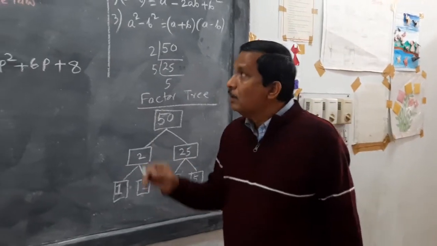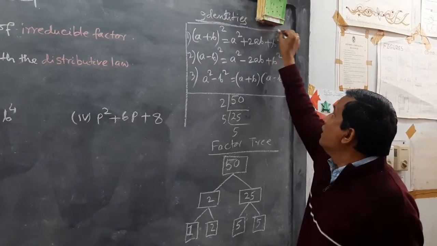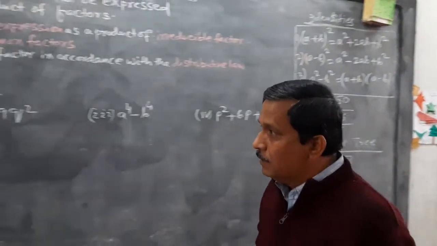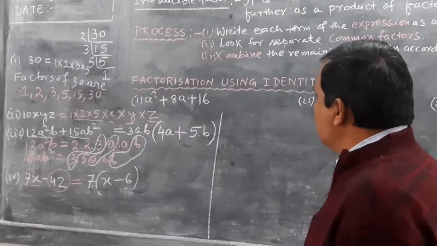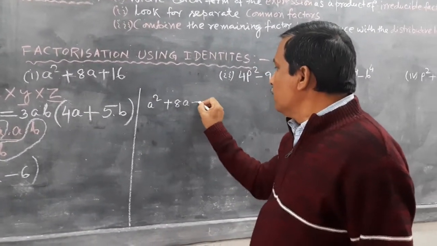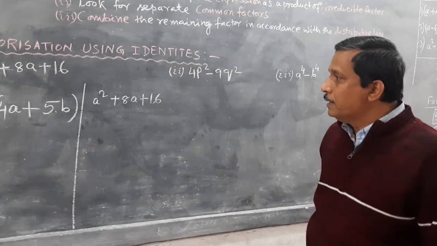Okay, so now we'll use the algebraic identities for solving the problems here. You see here, a square plus 8a plus 16. You have to factorize this term. So this is one algebraic expression.